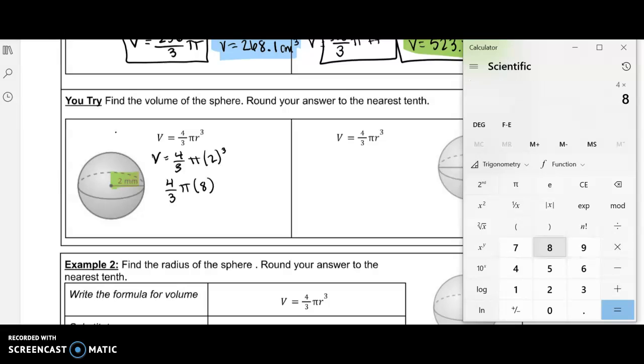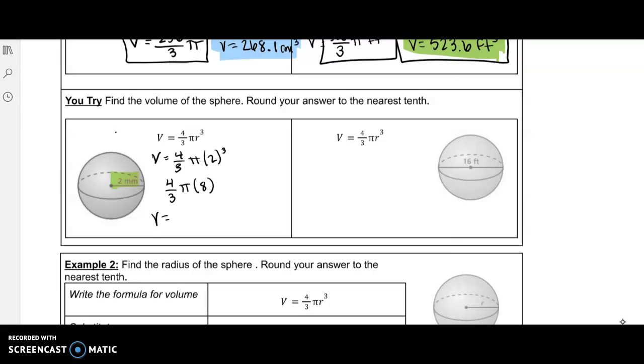So 4 times 8 is going to be 32 divided by 3. And then times pi. So we get volume equals 33.5 because that 1 keeps the 5 as a 5. So our volume equals 33.5 millimeters cubed.